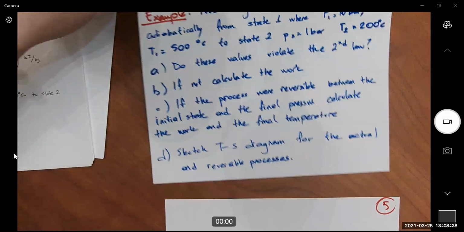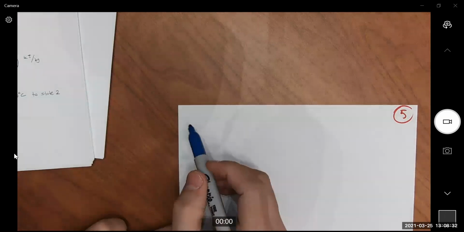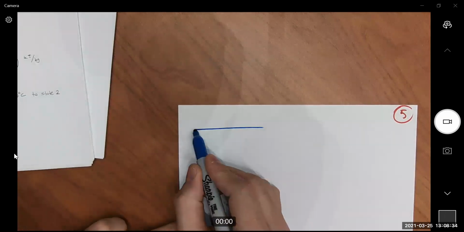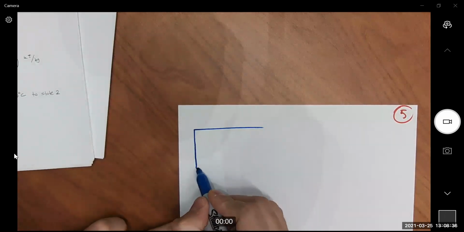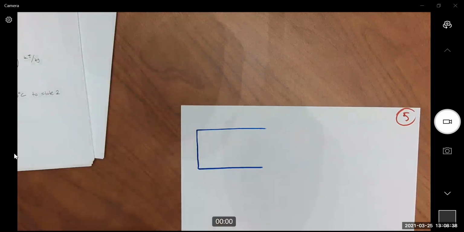Okay. So we don't specify whether we are looking at a closed system or open system. This is general. We already covered closed system and open system, and there's no distinction in this case.